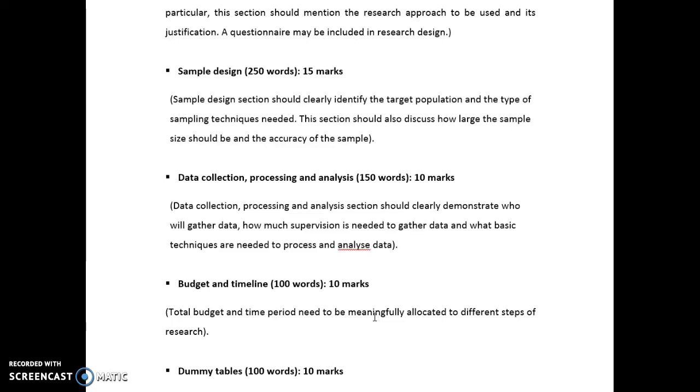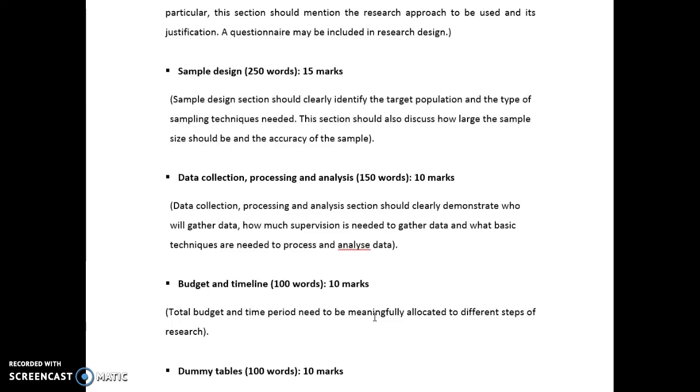The next is data processing. When you're talking about data processing, briefly write down how you will get rid of any data omissions and inconsistencies, and how you will be coding data. Then in data analysis, specifically write down the statistical methods that you will be using for data analysis.